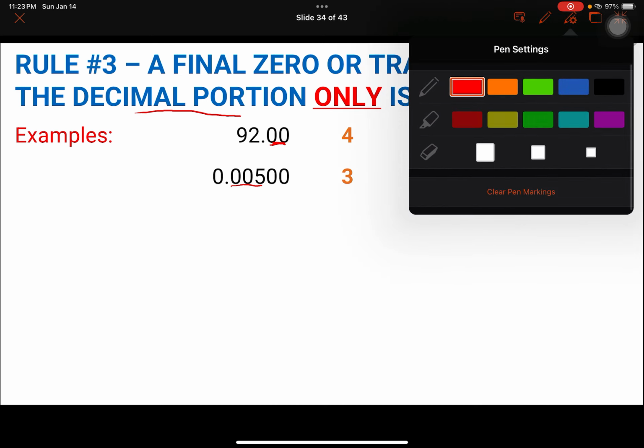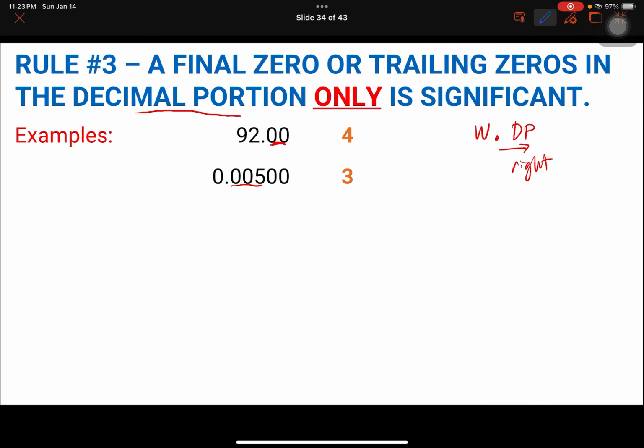Sir, but some books say na dapat hanggang dito. Kailan siya magiging hanggang dyan? When this number will be 5 sig figs. Okay?